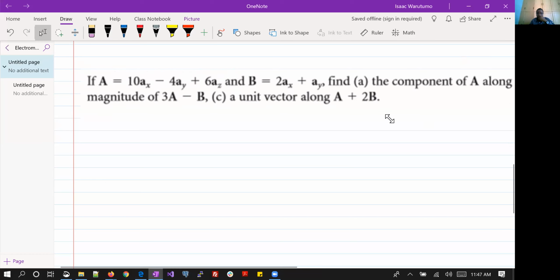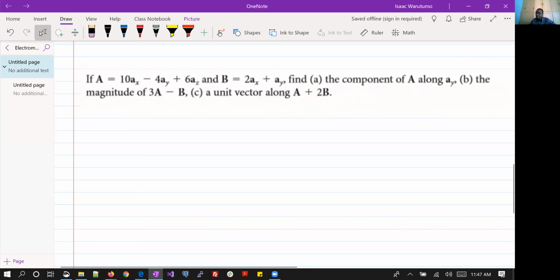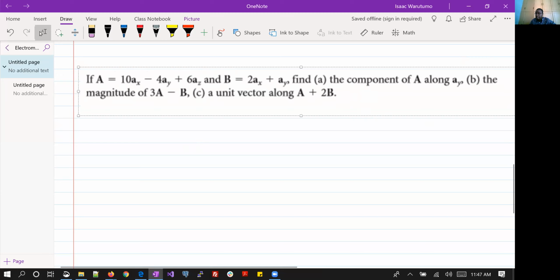Okay, so this is the problem I want us to solve. I know you may have these notes on your side, but we can see if we can do this.